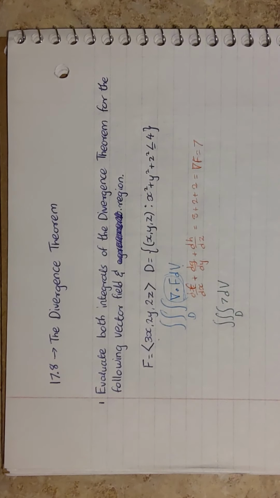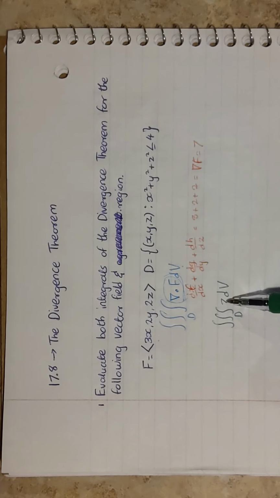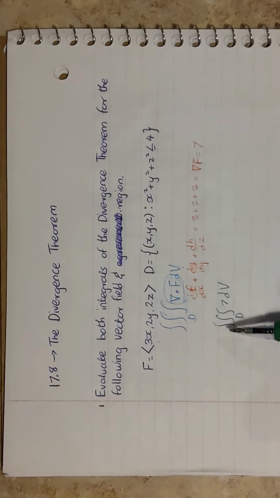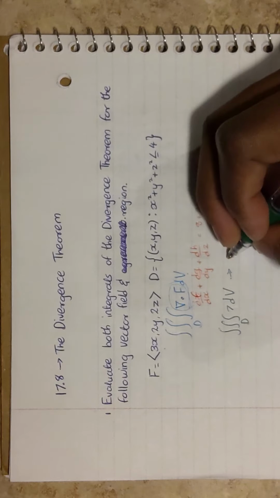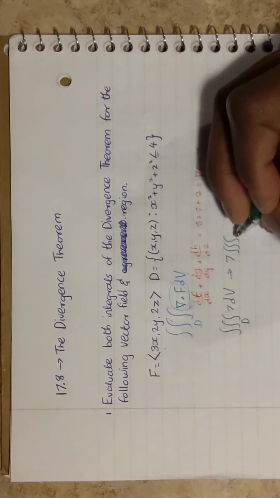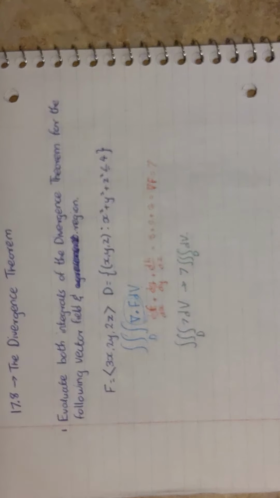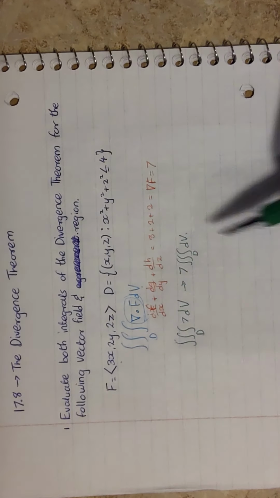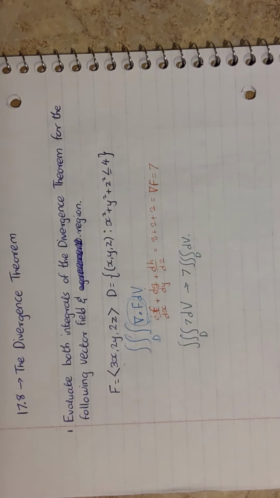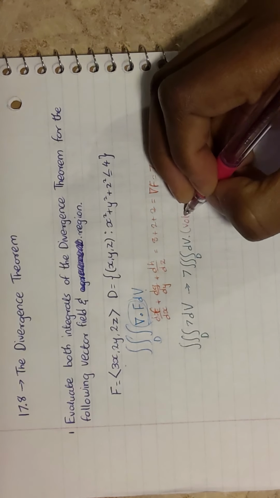Okay, since this integrand is a constant, it's independent of the coordinate system, meaning that we can take it outside, such that we get 7 times the integral over D of dV. Since this is dV, it stands for the volume.